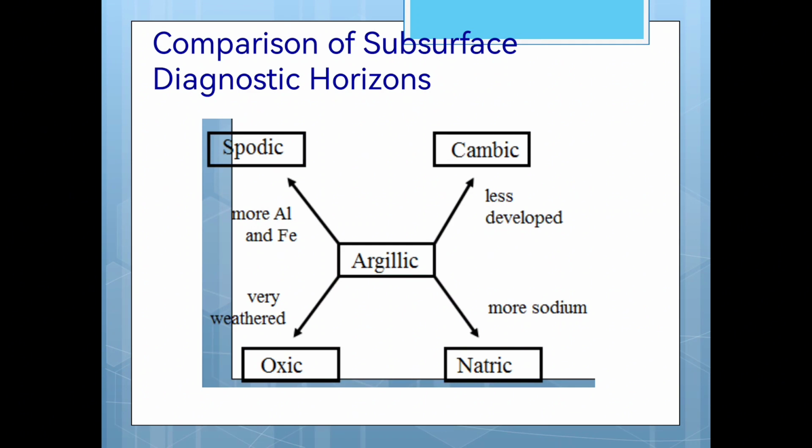Pag less yung kanyang development, that is cambic. And when that soil is very weathered, that there's a lot of oxides of aluminum and iron, that is oxic. And when there will be a lot of sodium, then that is natric.